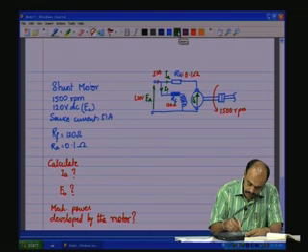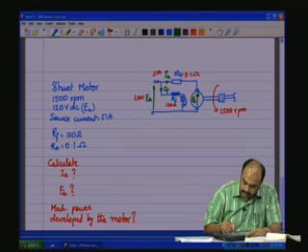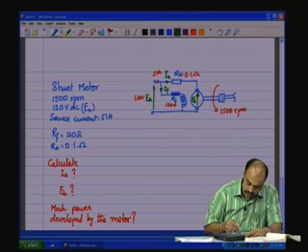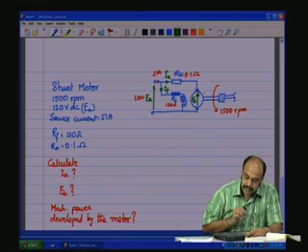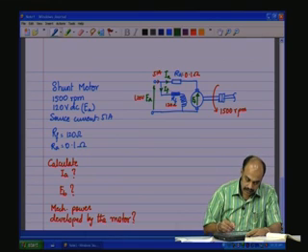So, if you look at what is the power that we actually deliver to the load, what we get here is EA, IA square RA drop goes off, and what is given is ultimately the power.